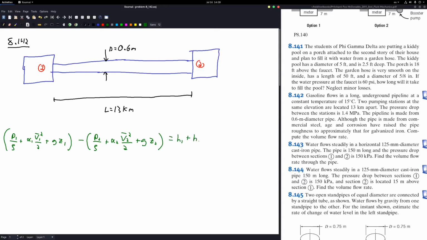Now here, by conservation of mass, the velocity at point 1 and at point 2 should be close to the same, and also we have no variation in height, which simplifies our Bernoulli equation.